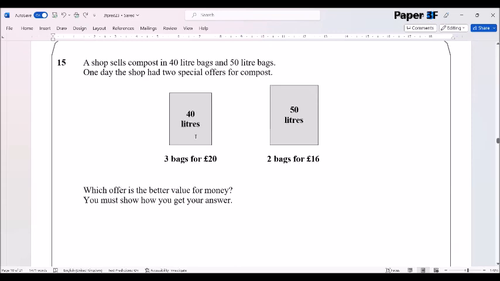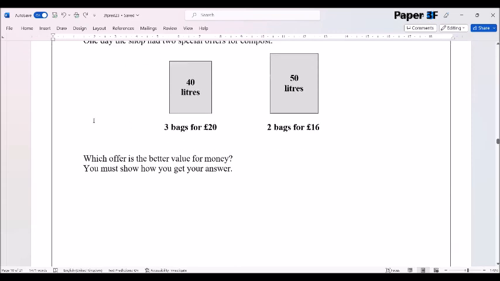Okay, let's see what kind of offer they've got on here then. So 3 bags for £20. So that means you get 120 litres, from the 40-litre bags. Just try and organise our working here. We would get, so how much for £20?